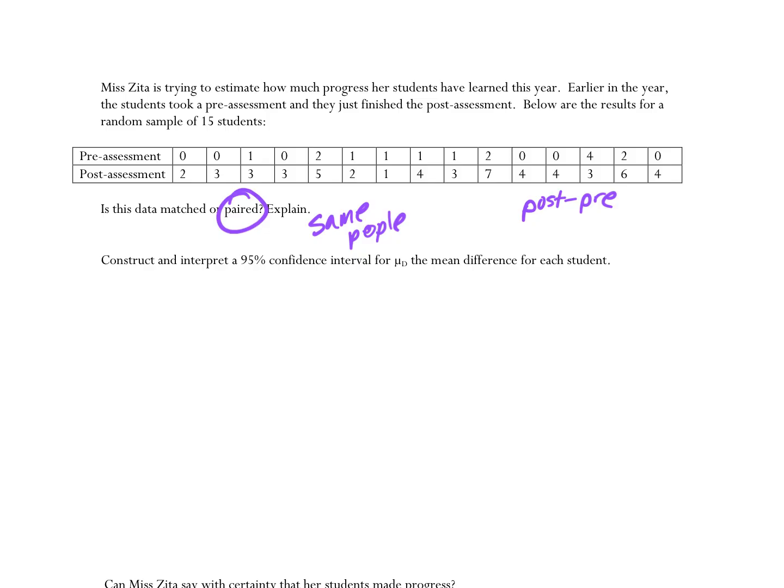Are we good? All right, so let's go ahead and find those differences. I'm going to use my calculator to do it. I'm assuming you guys would like to too.